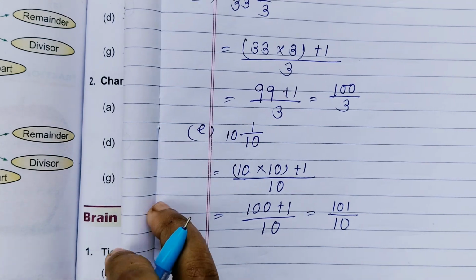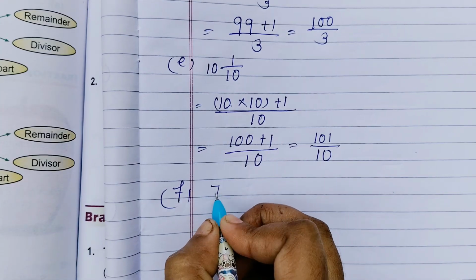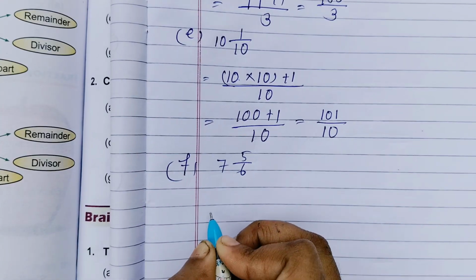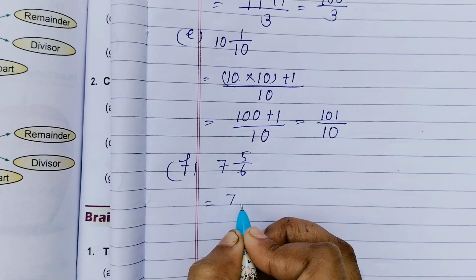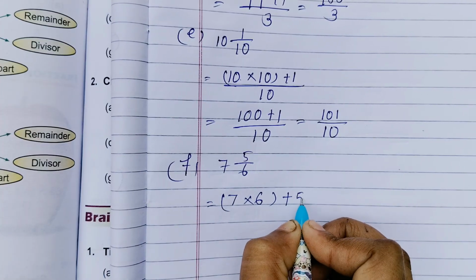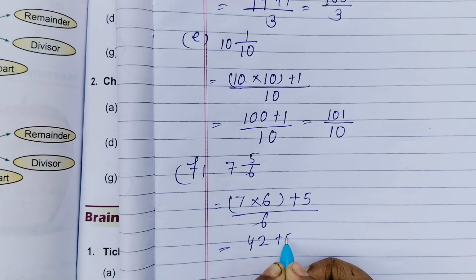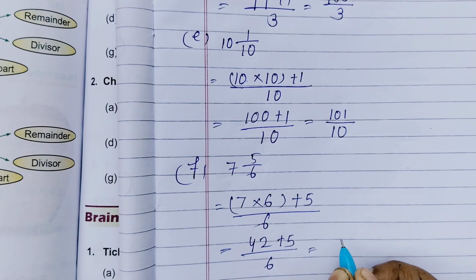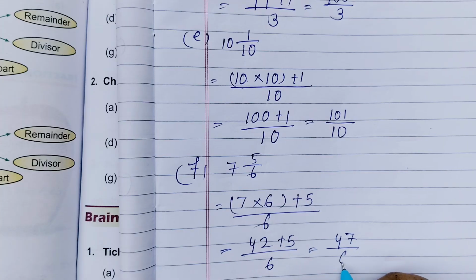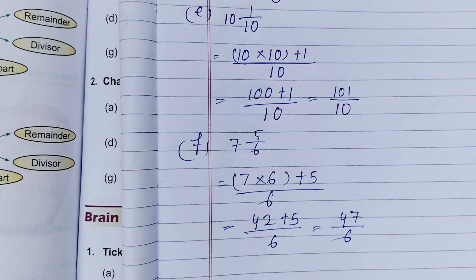Then another, F. 7 whole of 5 by 6. Natural number part is 7 into denominator 6 plus numerator 5 divided by 6. 7 6s are 42. 42 plus 5 by 6 equals 47 by 6.